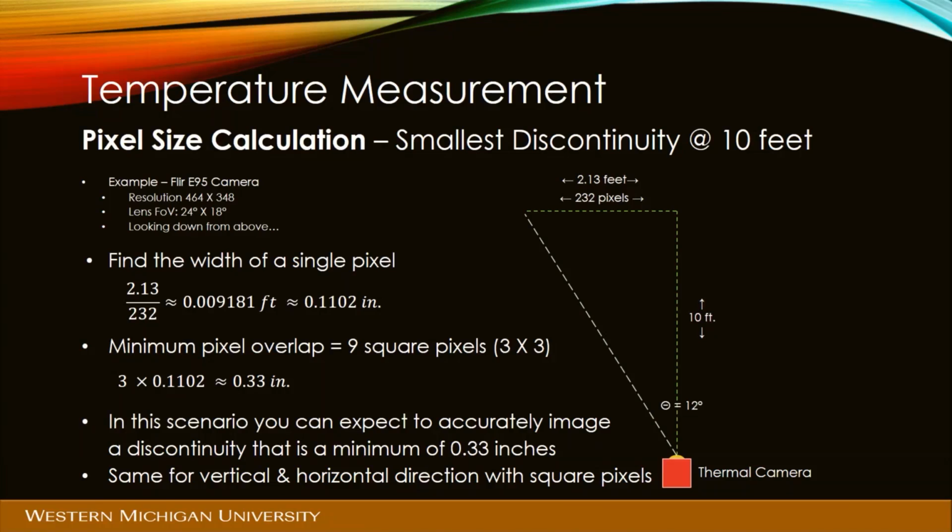That's something you cannot change after you've taken the picture. You can try to zoom in on your computer, it's bigger, but you're not actually covering more. So in this scenario, you can expect an accurate image for a discontinuity that is a minimum of 0.33 inches. And again, because we have the same field of view, there's square pixels, it'll apply for both the horizontal and vertical planes.